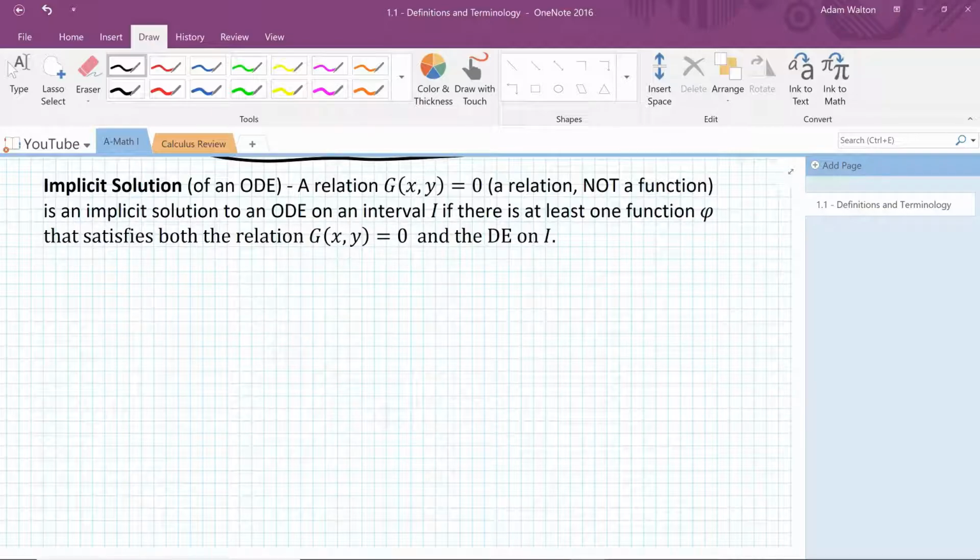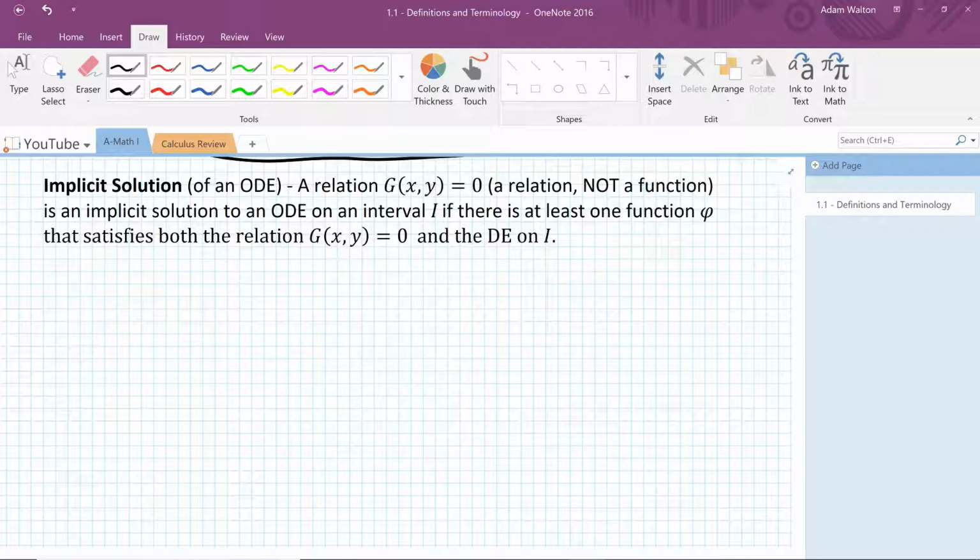If out of that relation we can get one function phi that satisfies both the relation and the DE on I, then we have an implicit solution to the ordinary differential equation on said interval.